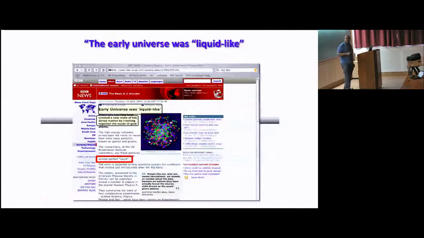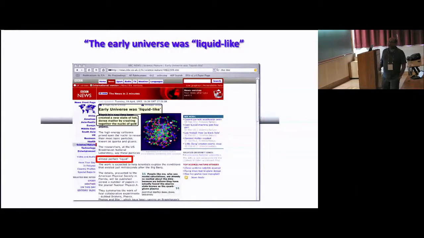But before I do that, let me address what people consider to be the signal event of these collisions: this idea that what you create in these heavy ion collisions is something akin to the state of matter that existed in the early universe about a microsecond after the Big Bang.